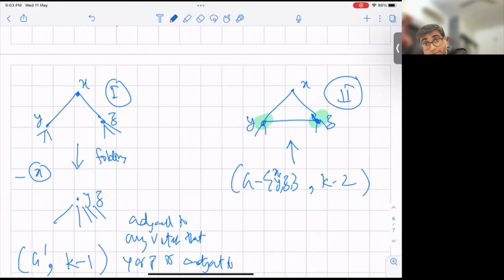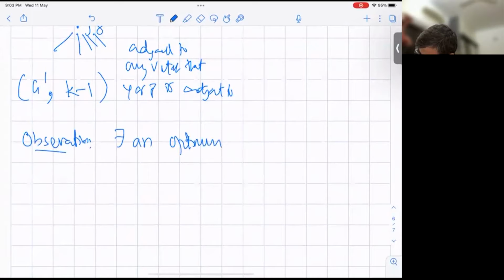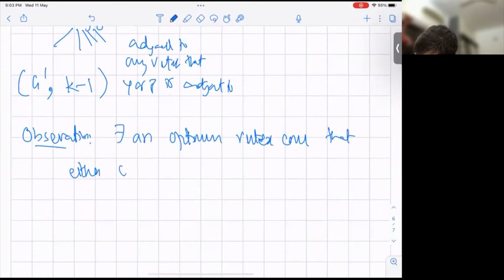So this is an observation we had: there exists an optimum vertex cover that either contains X or Y, Z. Is everybody okay with this observation?